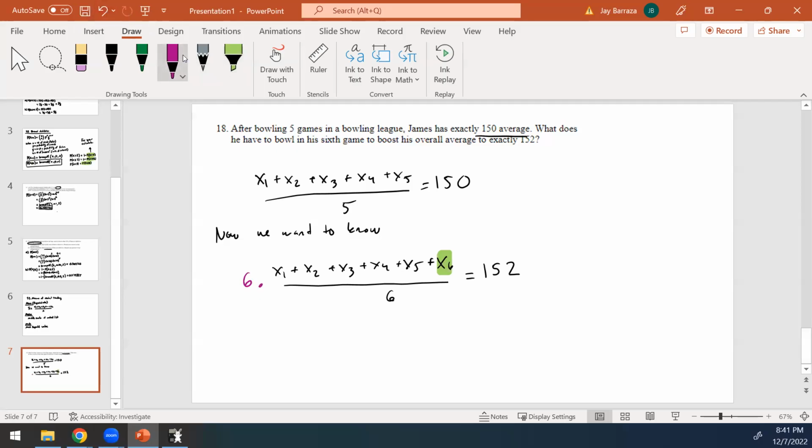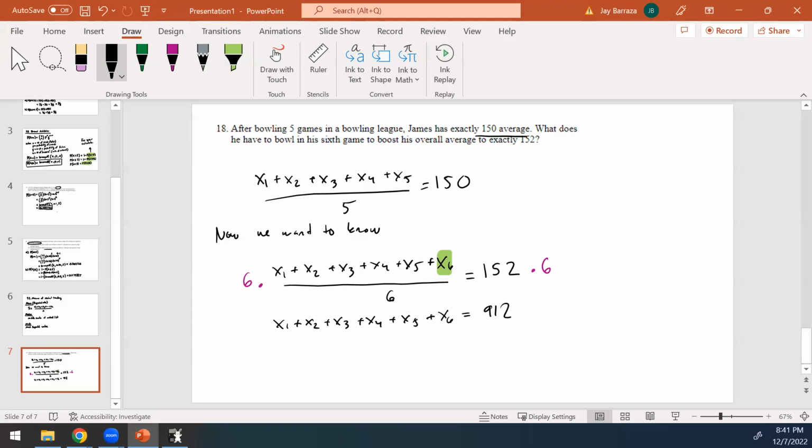I end up getting x1 plus x2 plus x3 plus x4 plus x5 plus x6 is equal to 152 times 6, which is 912.